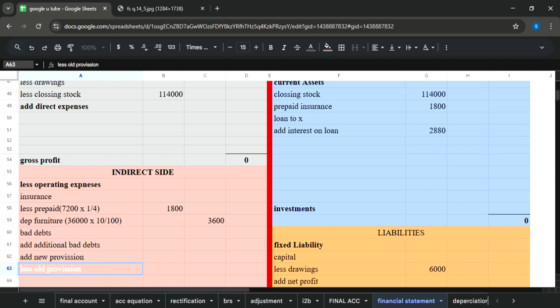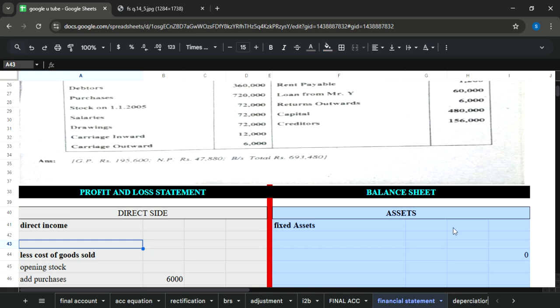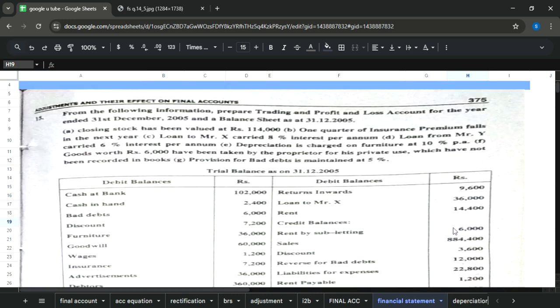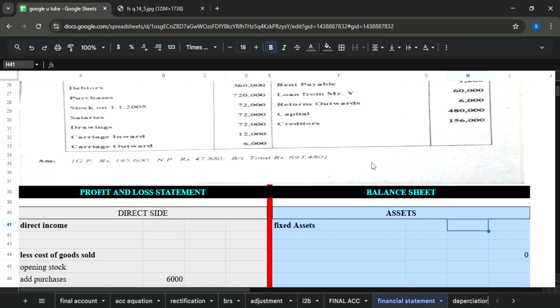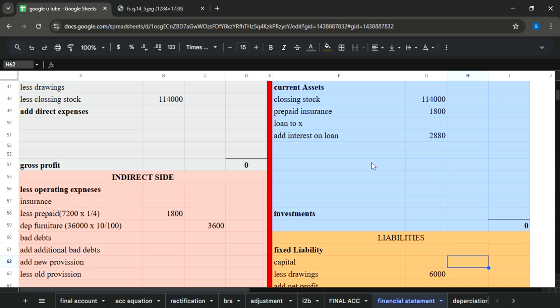Now let's get back. Here it has been said provision for bad debts is 5%. Okay. To complete this effect, we need this provision to be calculated. So you will go to current asset side.